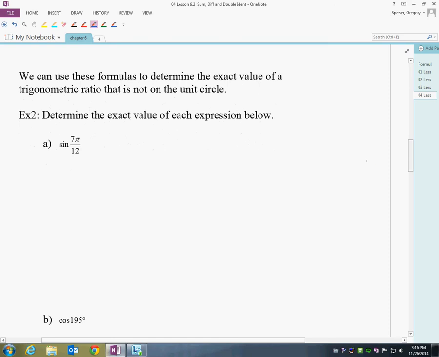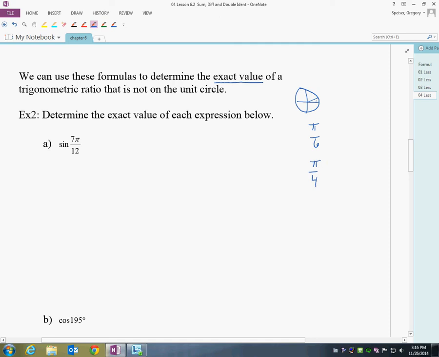It says here we can use these formulas to determine the exact value of a trig ratio that is not on the unit circle. So we know the exact values for all those ones that we memorized in the previous chapter, right? We knew pi over 6, and all the multiples of this, pi over 3 and so on. And we also knew the multiples of pi over 4.